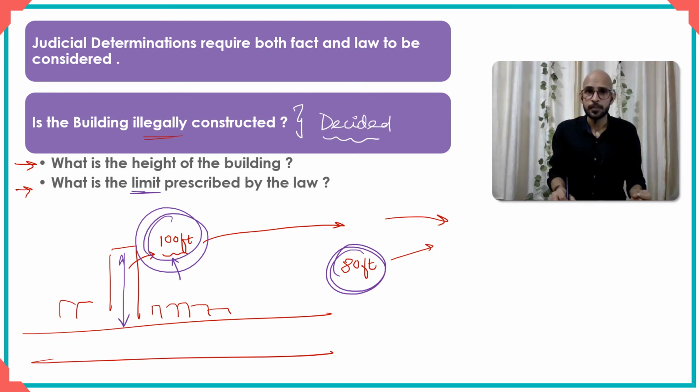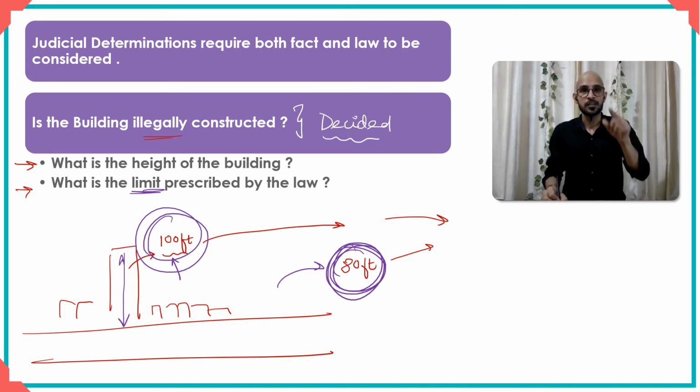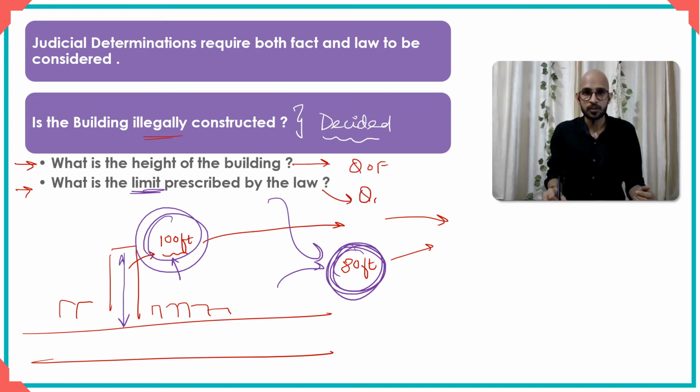But to get the limit prescribed by the law, you have to look at the law. So the answer to the second question lies in the law. You have to look at that particular rule which says that 80 feet is the limit. So, as you can see, this first question here is a question of fact. The second question here is a question of law. And in order to decide this question, the court has to look at both of these. So that's what we saw in the beginning here.